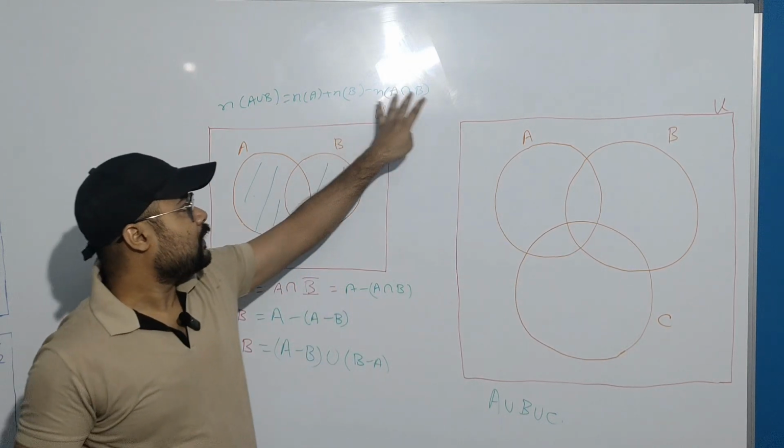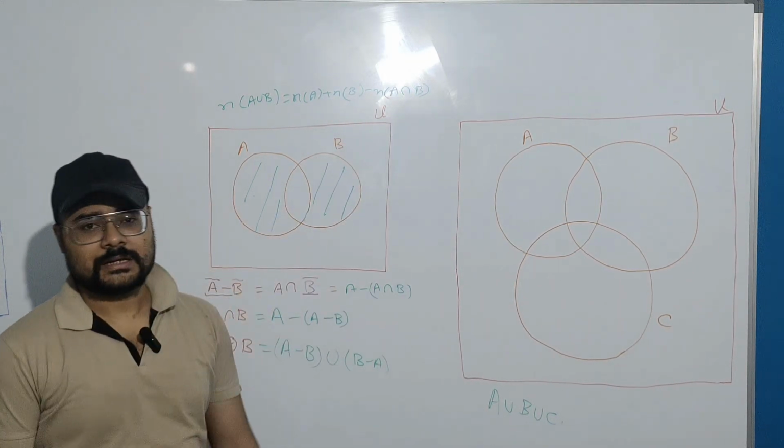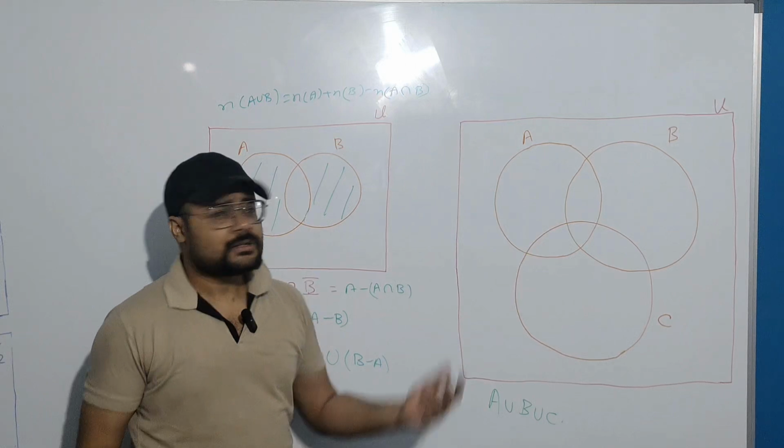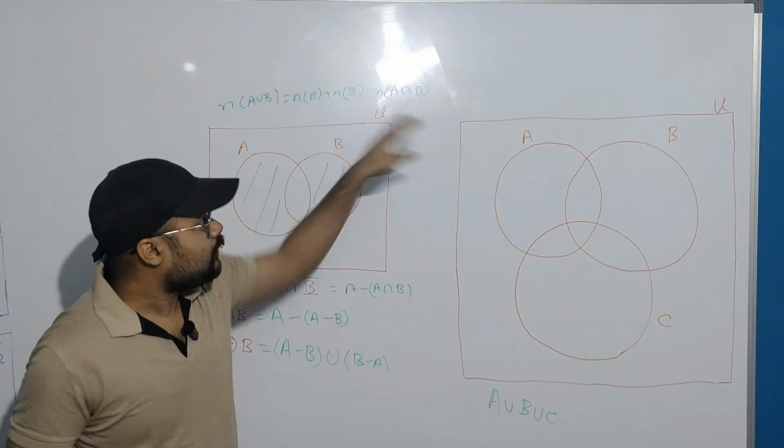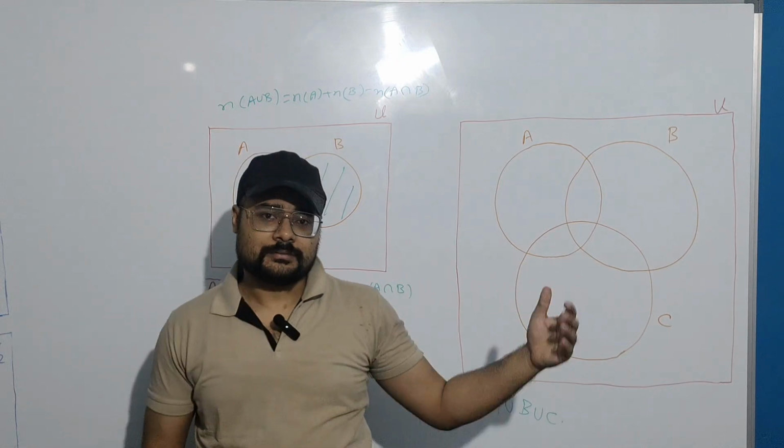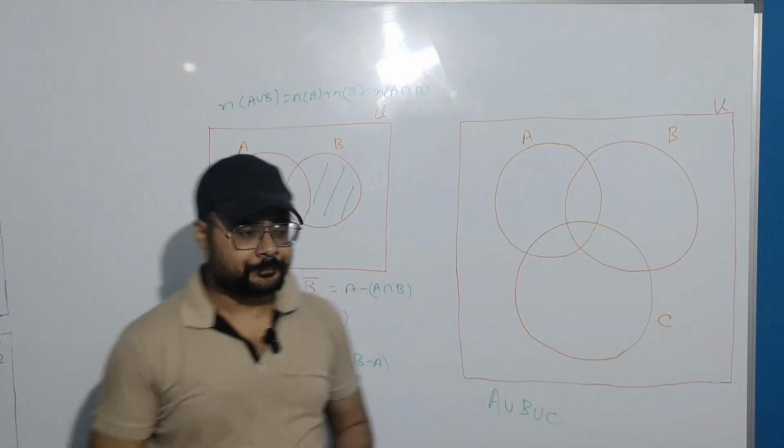That's why you have to subtract the number of elements in A intersection B. If the sets are disjoint, this number is 0. So this is a general formula that encapsulates every situation.